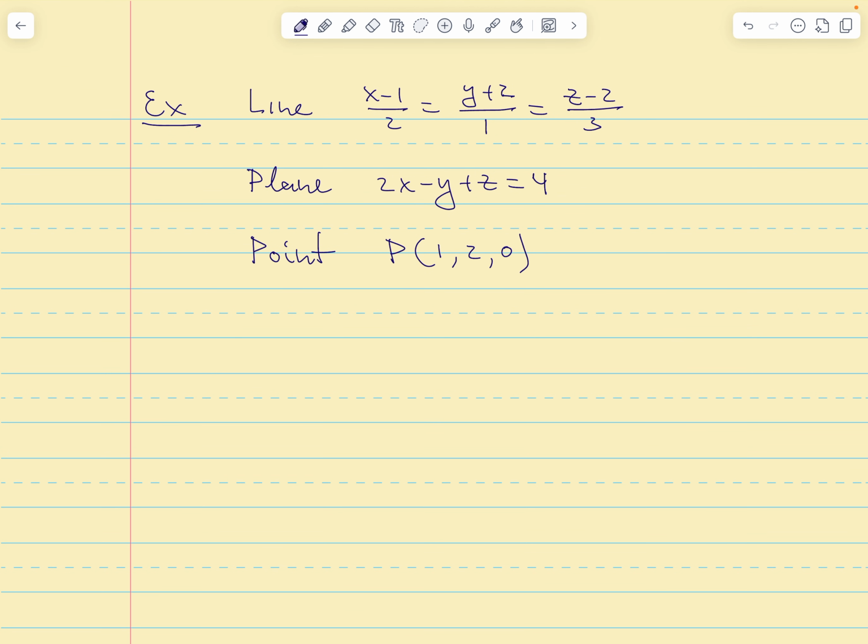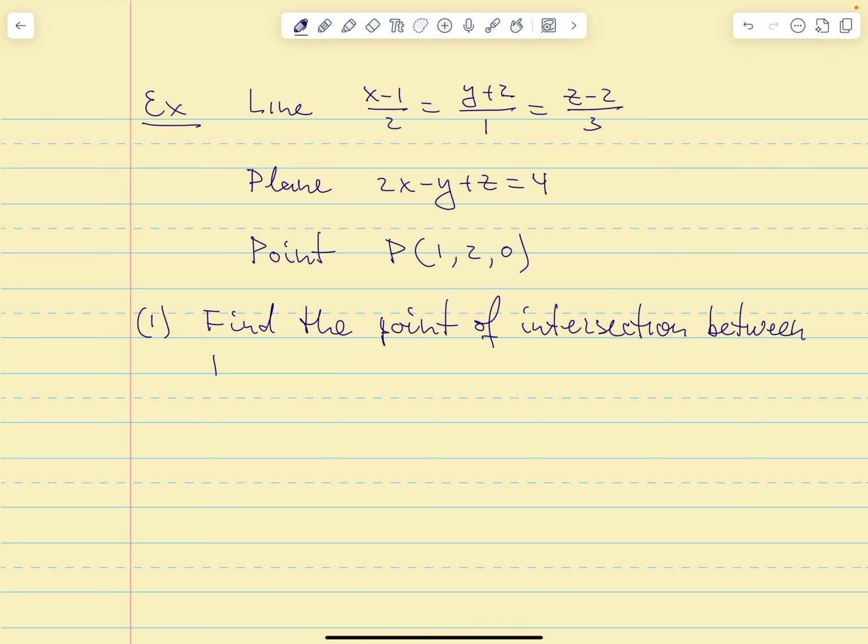So number one, I want to find the point of intersection between the line and the plane.